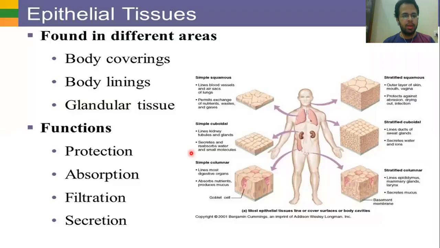Now, what is the function of the goblet cell? The goblet cell secretes the mucus, right? So it is a type of epithelial cell, and it is doing the process of secretion.